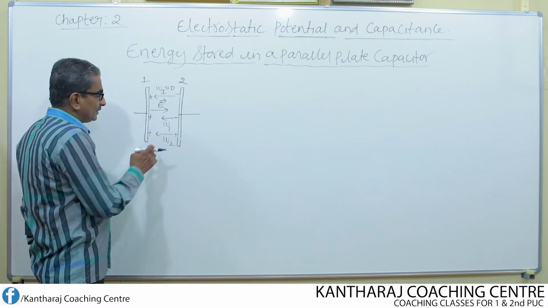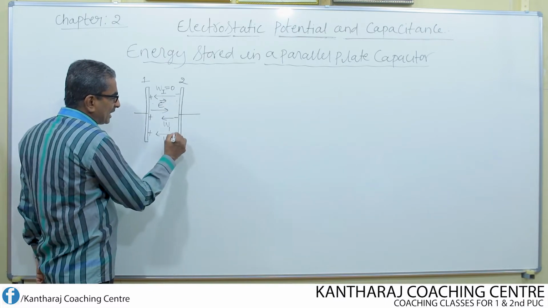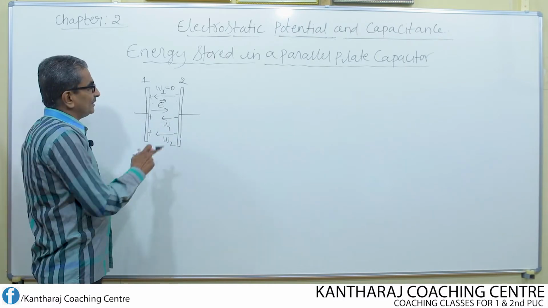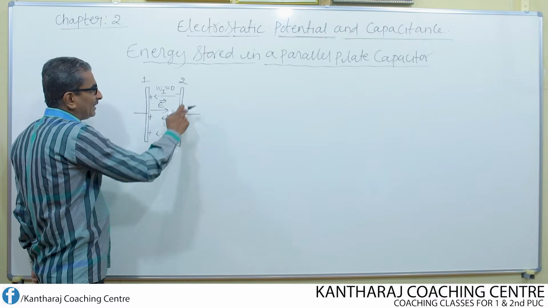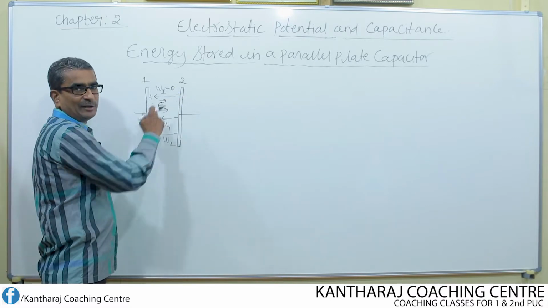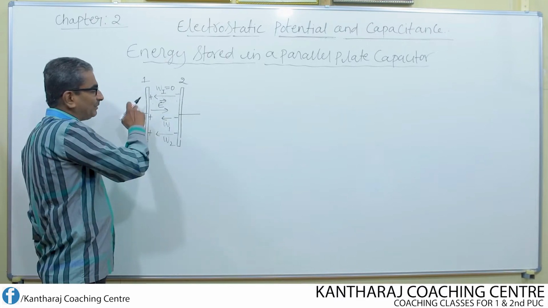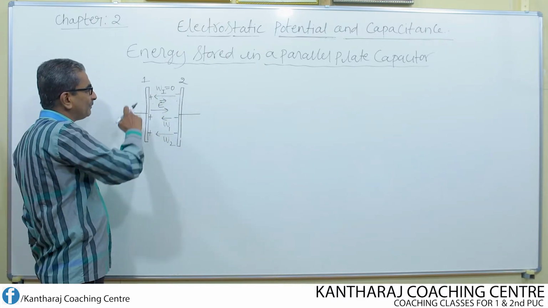By losing one more positive charge, plate 2 becomes further negative. So each time the plate loses one positive charge, it goes on becoming more and more negative, and each time plate 1 receives a positive charge from plate 2, it becomes more and more positively charged.